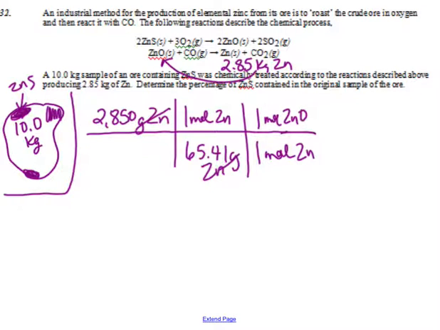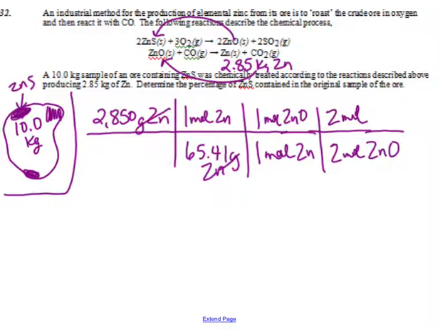All right, so now I look at the relationship between ZnO, and remember, we're looking for percentage of zinc sulfide, so I need grams of zinc sulfide. Why do I keep saying silver? Zinc sulfide. So for every 2 moles of ZnO, I have 2 moles of ZnS. Yeah, I know it's 1-to-1. I got that, but I'm writing 2 down because I want you to see where I'm getting the numbers from.